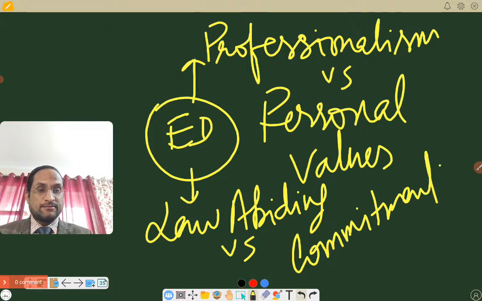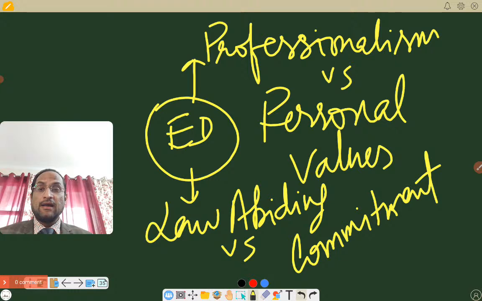That's also a virtue. See, I have told you, in whatever capacity you work, there is always a master servant relationship. You as a public officer are a servant to your citizens, to the people. You are a servant to the state, to the country's constitution, to the legal framework of the country.